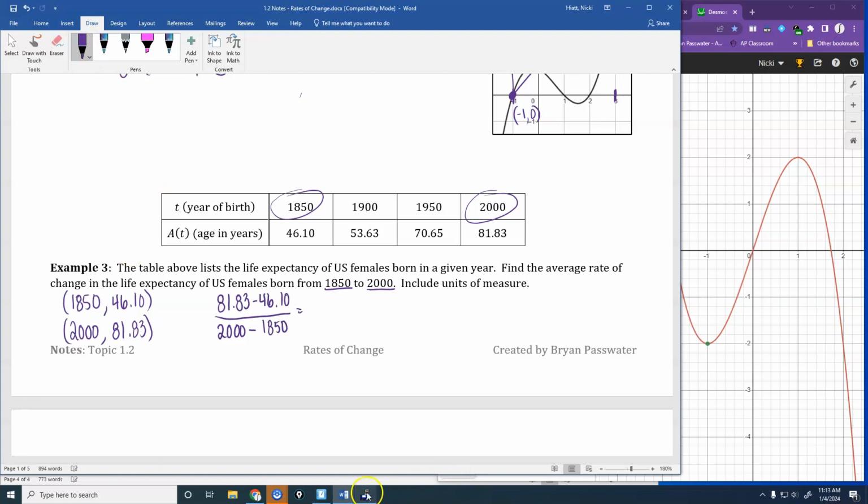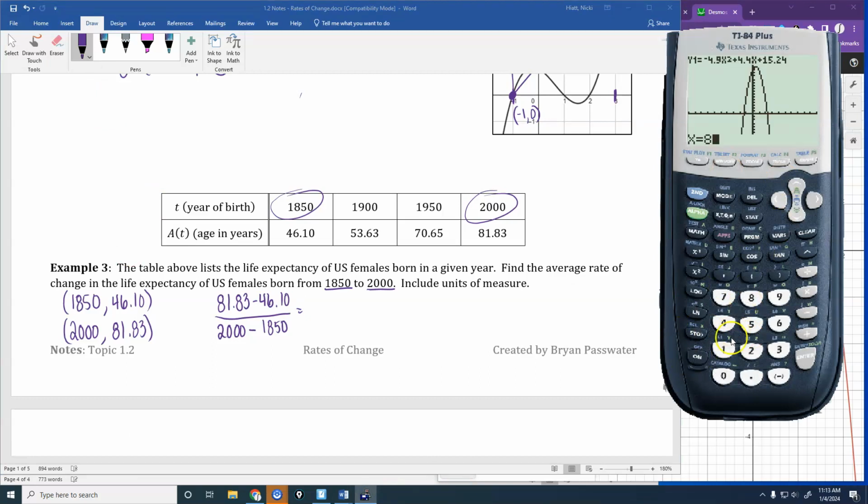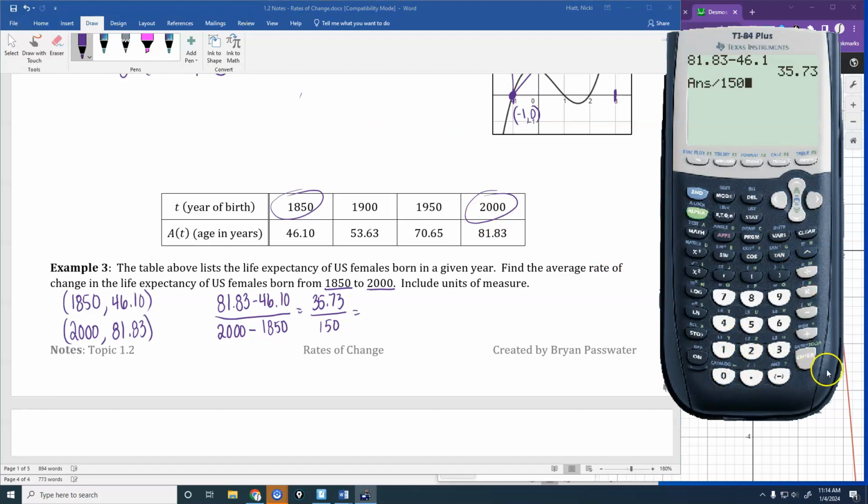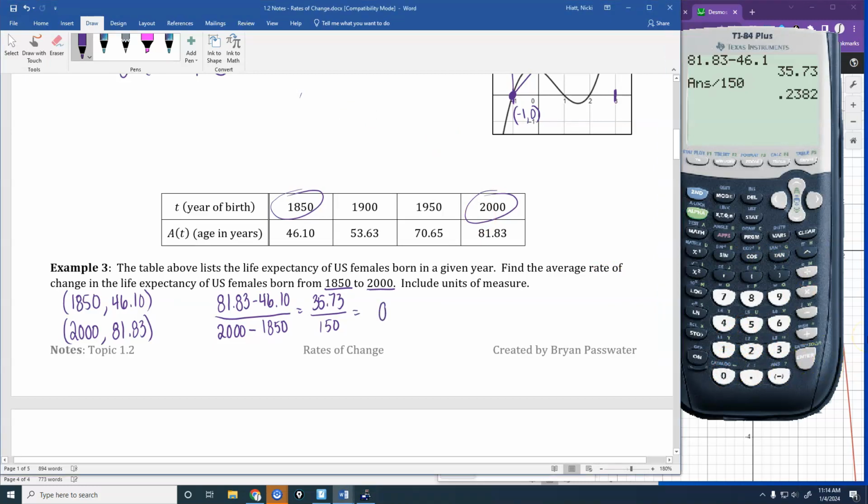If we do that on our calculator, 81.83 minus 46.1 is going to give us 35.73 over 150, which is going to be 0.2382.